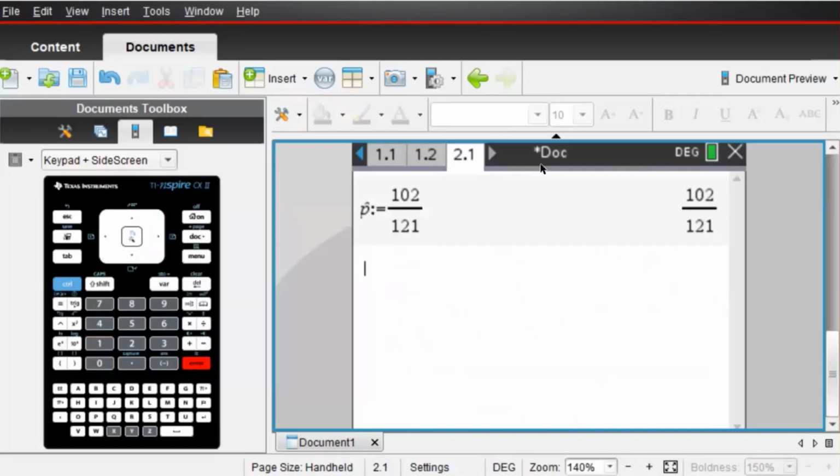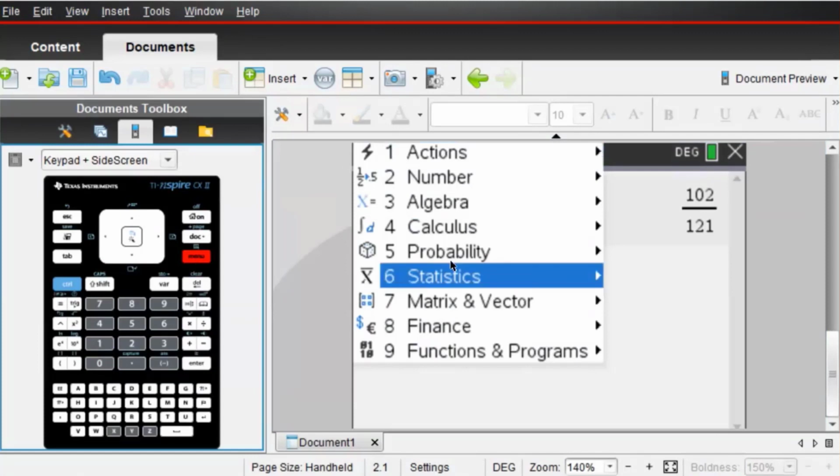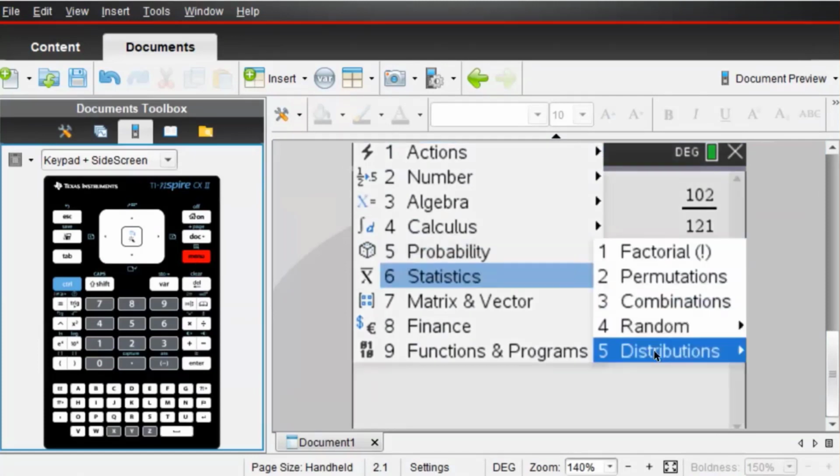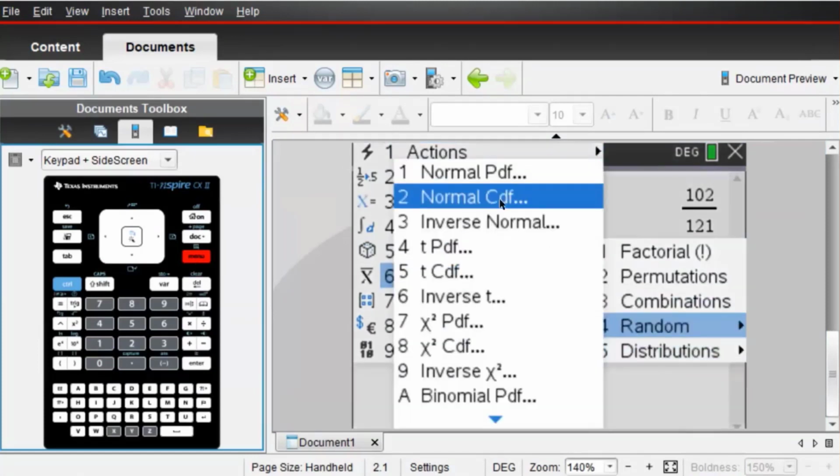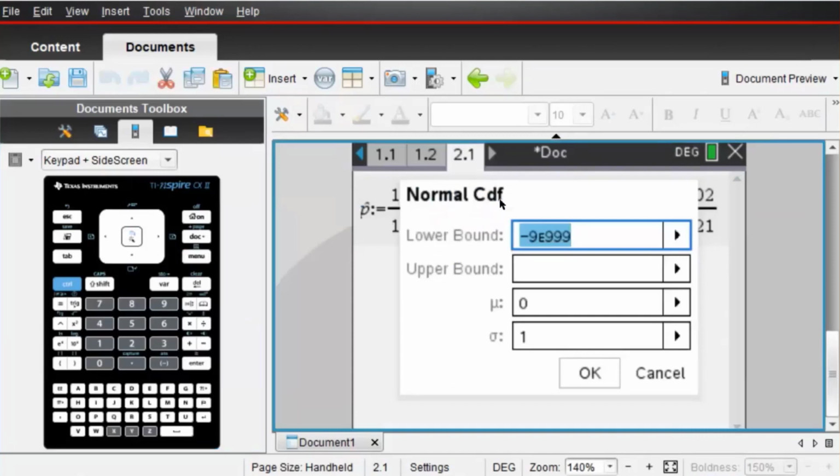What we want to do now is have a look at the distribution. So menu, probability and statistics, distributions, normal CDF. My lower bound, well, that's a bit excessive. We don't need such a small value.